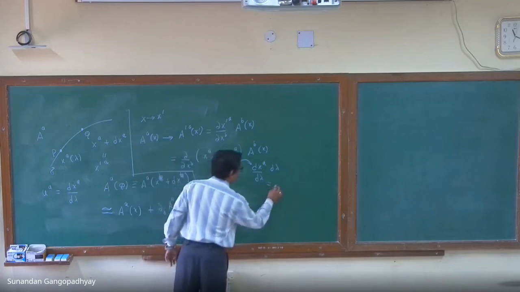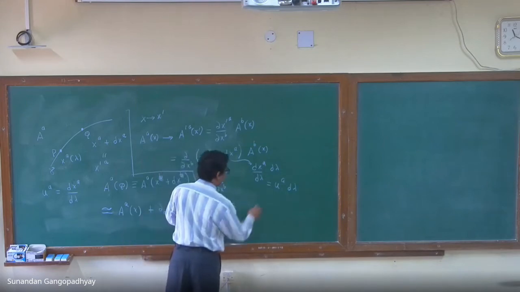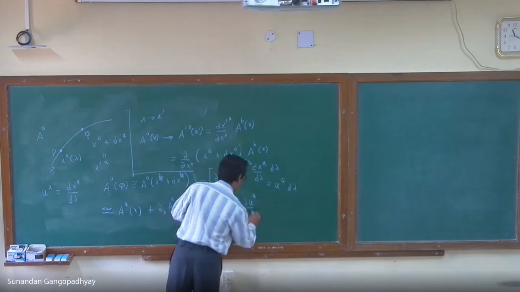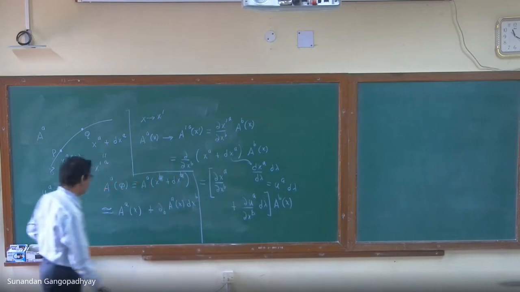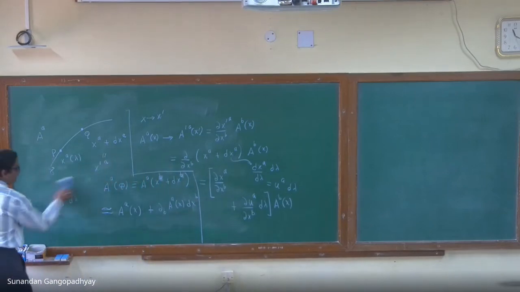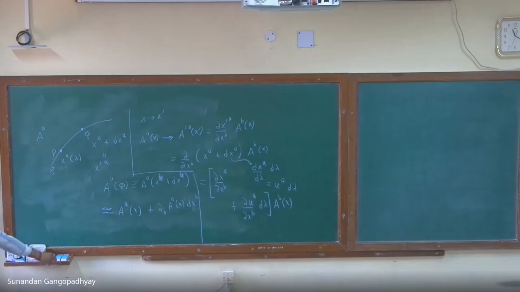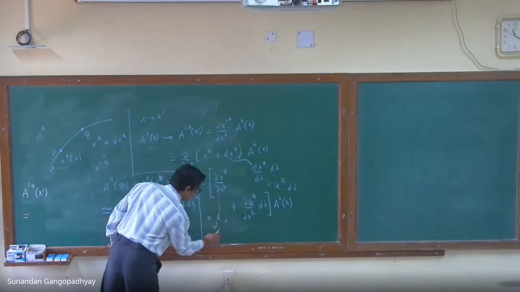But this is equal to u^a d lambda. So what we have is, plus this u^a, so del u^a by del x^b times d lambda.